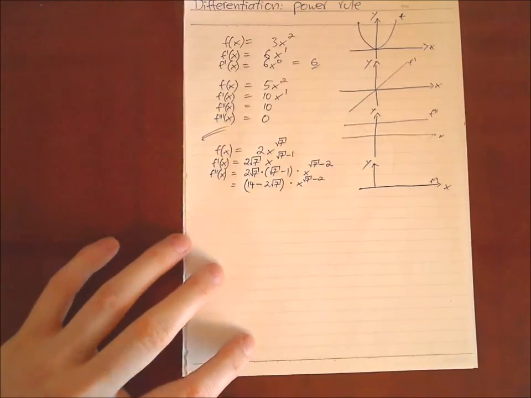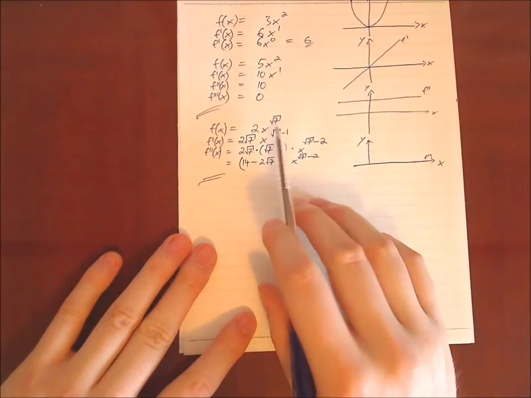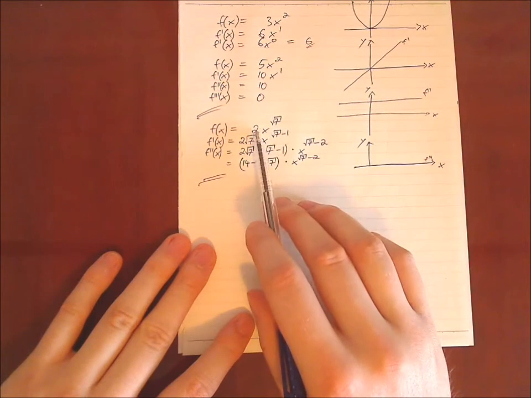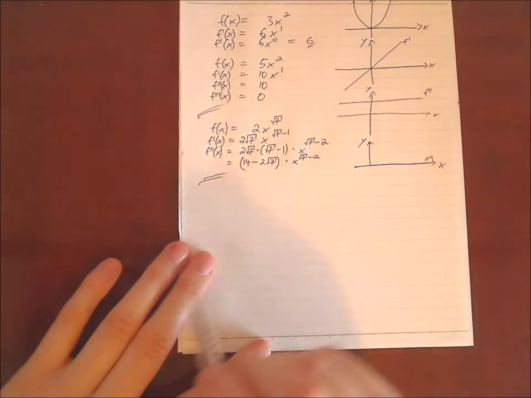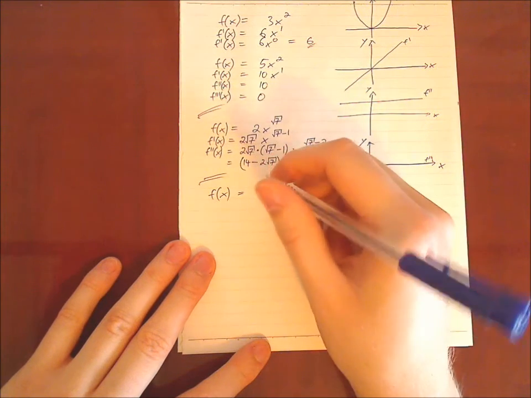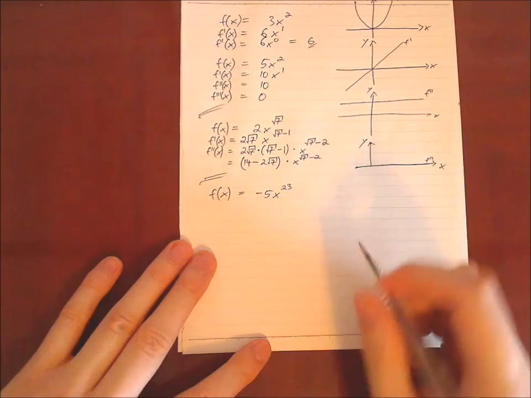So we can calculate another example, but you see it's always the same. We first multiply the power with the coefficient, and then we reduce the power by 1. Another example, last example, function minus 5x to the power of 23.